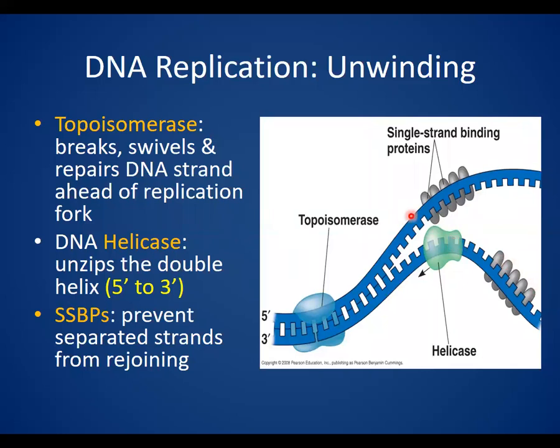And if it did, this molecule of DNA polymerase would zip off to the right and be fine, making a copy of the top strand. But the DNA polymerase for the bottom strand would go along and then it would run into helicase, and it would get stuck. So the bottom strand has to be replicated by a different mechanism from the top strand. And that's what we're going to talk about.